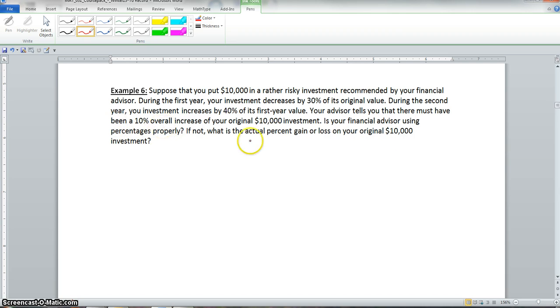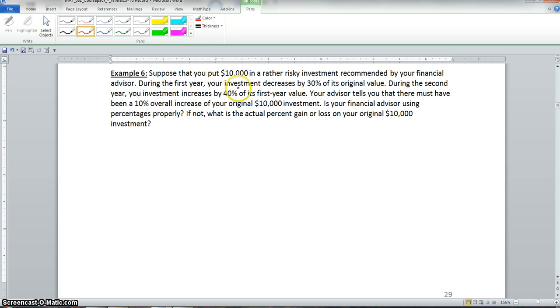Now, before we could determine if this is correct or not, we first must determine how much 10% of the overall investment would be. So let's go off to the side. We have $10,000 times 10%, which is really 0.10. So if you take $10,000 times 0.10, then we know that that is $1,000.